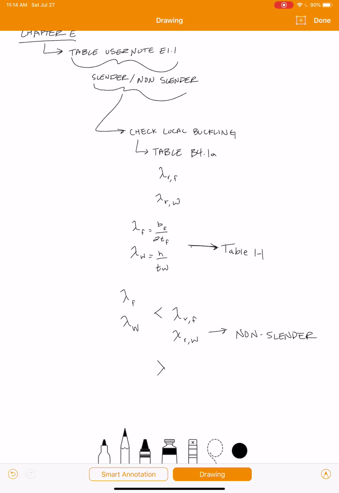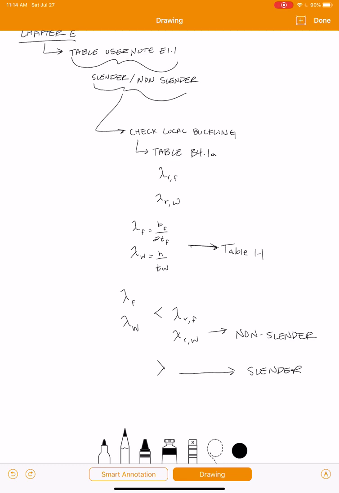But if they're greater than lambda r, then you have slender elements. And again, that's just going to help you when you go to this table user note up here to direct you to the appropriate section within chapter E.